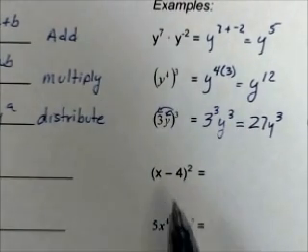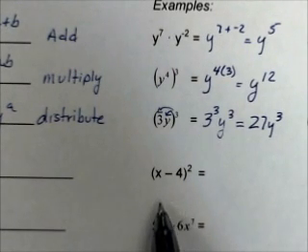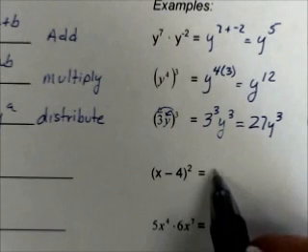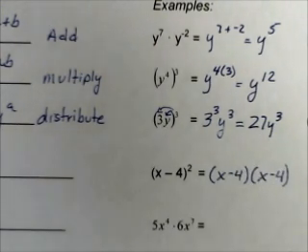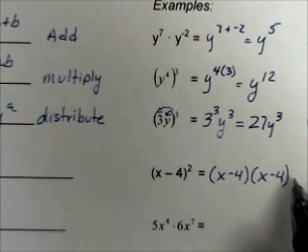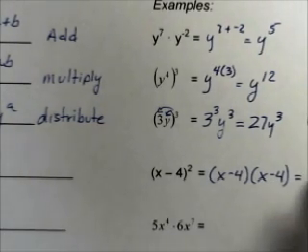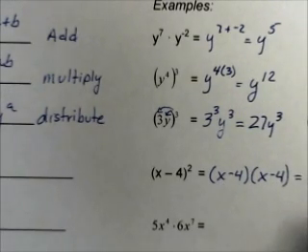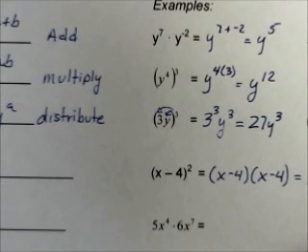We have the binomial x minus 4 squared. That means if we had 5 squared, it'd be 5 times 5. So x minus 4 squared is x minus 4 times x minus 4. And we continue. Now, you're all familiar with the term FOIL. So we multiply first terms, x times x is x squared. Outside, x times negative 4 is negative 4x. Inside, negative 4 times x is negative 4x.